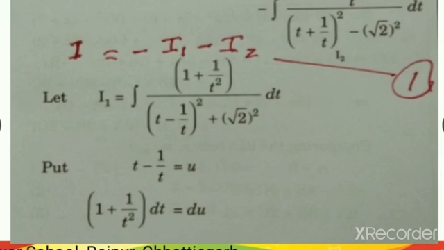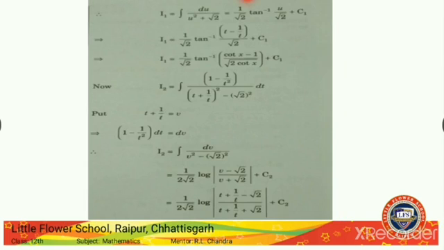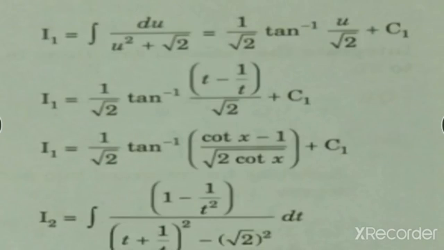Differentiating both sides with respect to t. d dt of t is 1 and d dt of minus 1 upon t is plus 1 upon t square. dt is equal to du. Now I1 is equal to integration du upon u square plus root 2 square.